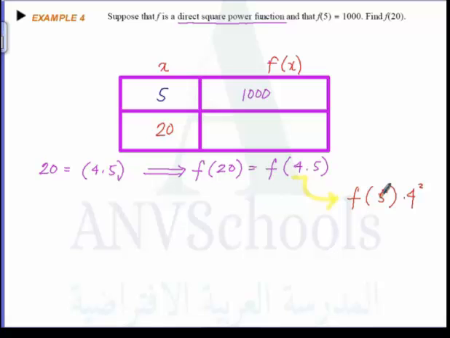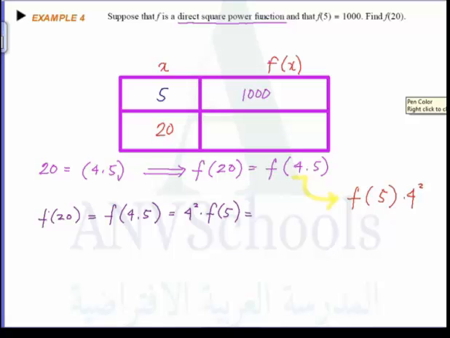So our f of 20 would then be equal to f of 4 times 5, and this will give us 4 squared times f of 5. And what is our f of 5? By the way, our f of 5 is 1000.